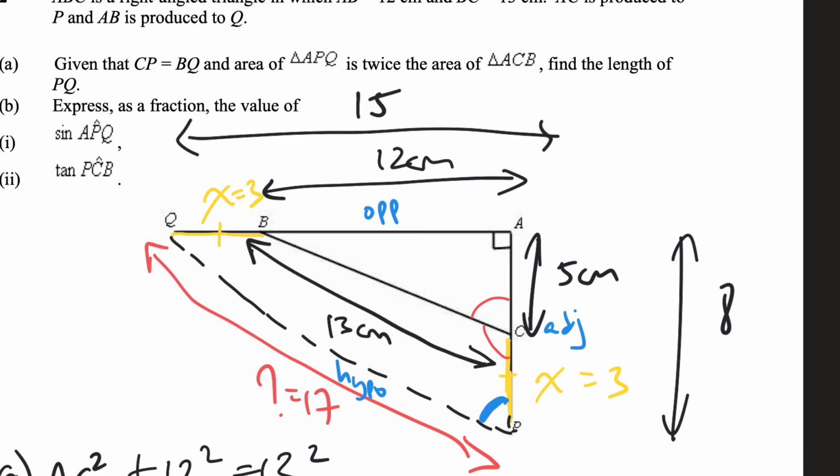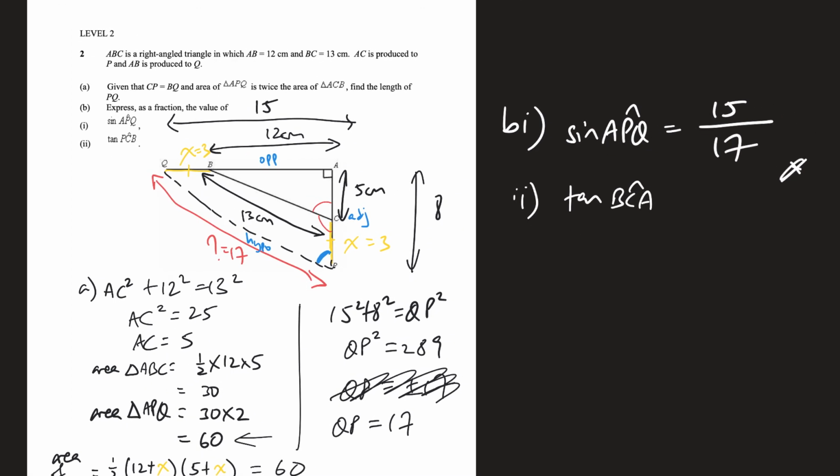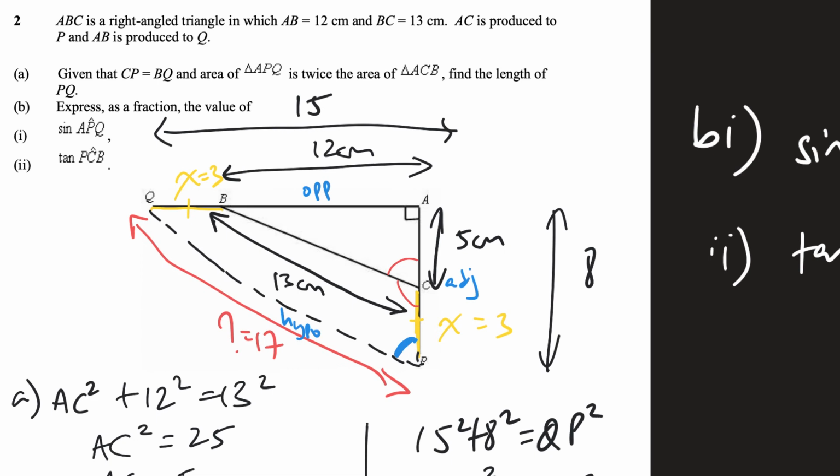Tangent of that angle is simply opposite over adjacent, which is 12 over 5, because for this triangle over here, this is my opposite, and this is my adjacent.